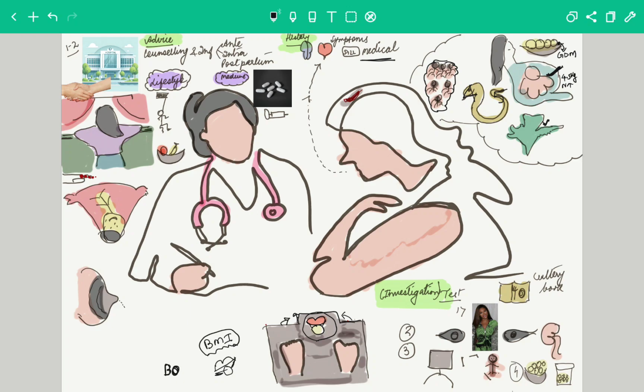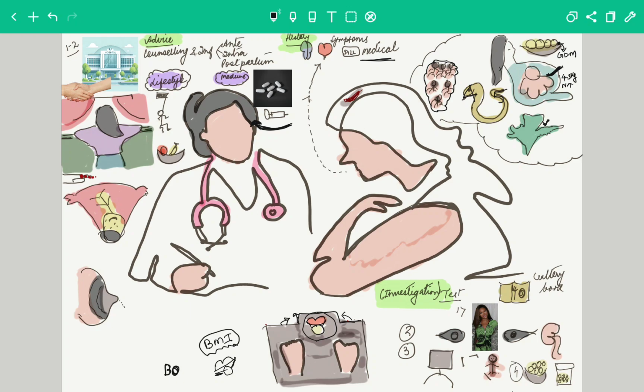Now, after giving all this history, the doctor is thinking, oh my god, she has so many high risk factors, a history of diabetes, family history of diabetes, a macrosomic baby in the past.